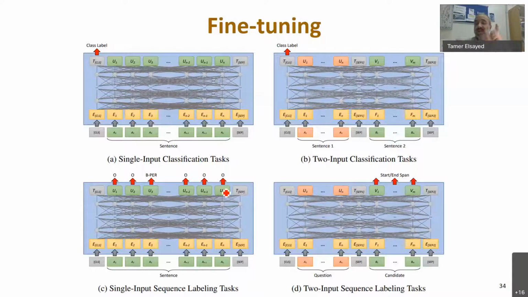Or this is a claim and this is a passage, and I want to get evidence for that claim, supporting or refuting it. So I give these two sentences or passages within one input to BERT, and then use the embeddings for the second sentence, because that's where I want to get the answer, and use start and end span. So the labels here will be the beginning and ending of the answer.